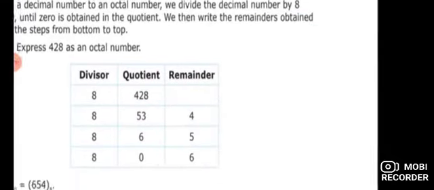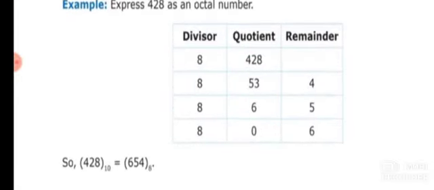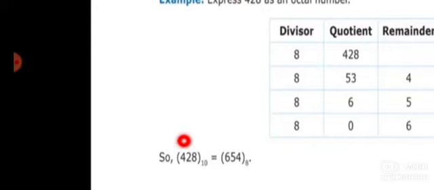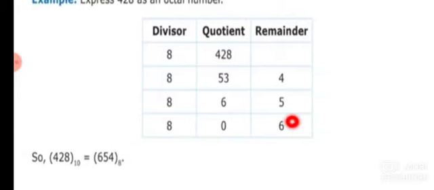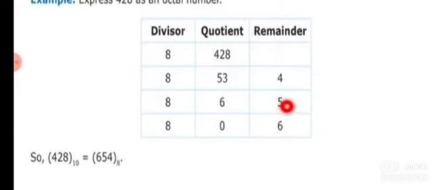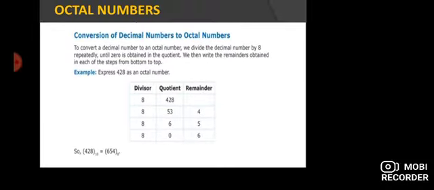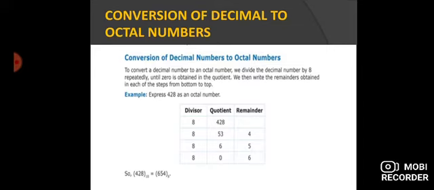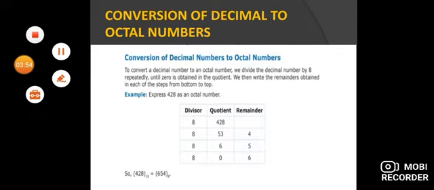Now if we see the answer, here we write 428, that is a decimal number, on the left hand side with base 10, equals we will write 654 from bottom to top, with base 8, that is an octal number. How have we written it? We have written first 6, then 5, then 4 in the answer. So I hope both the examples are clear to you, how we convert decimal to octal numbers.